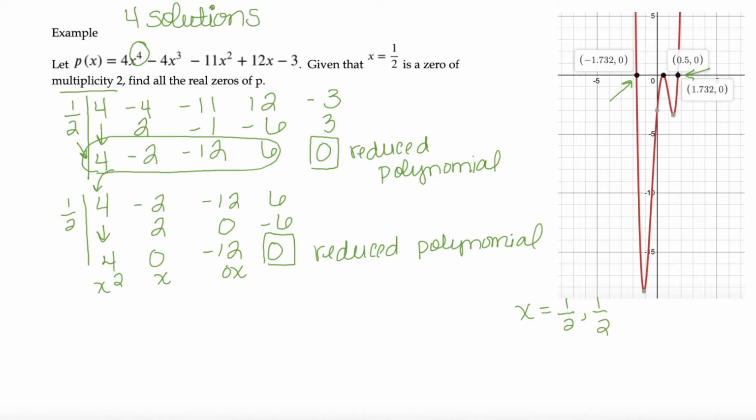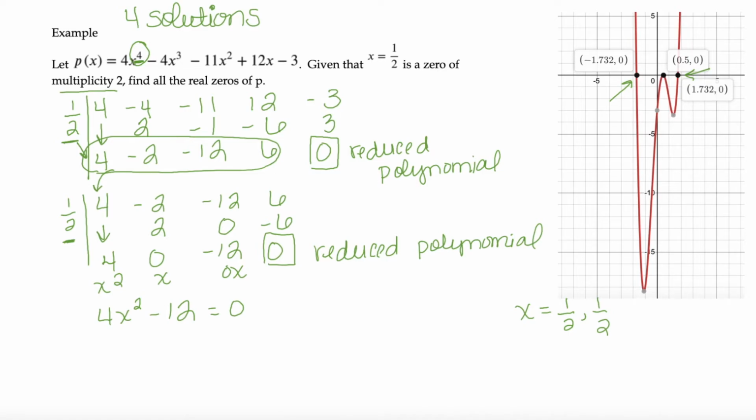Notice that we started off with x to the 4th, and we took away 1 x for the half and another for the other half, so that is why I'm down to x squared, because I've divided out 2 x values. Now I have 4x squareds plus 0 x's minus 12. And now I can use this reduced polynomial, set it equal to 0, and find my other x's.